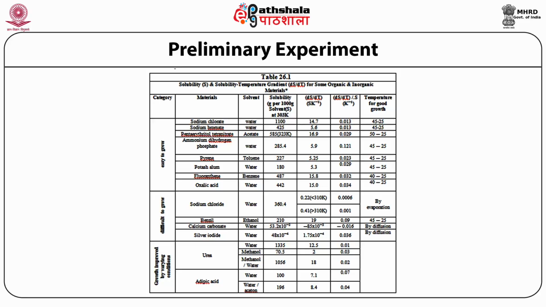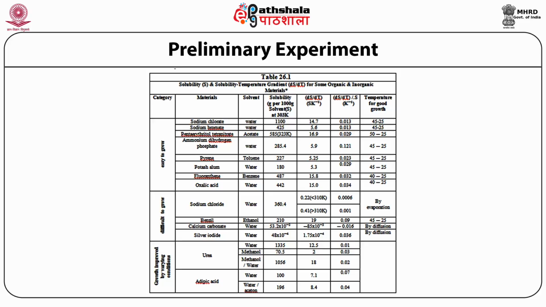The materials considered are sodium chlorate, sodium bromate, and many others which are easy to grow. Then sodium chloride, benzil, calcium carbonate, silver iodide, which are difficult to grow, and urea and adipic acid, which are growth improved by varying conditions.